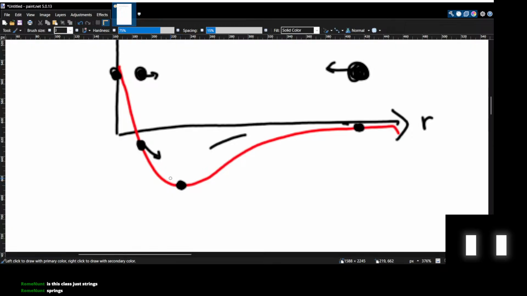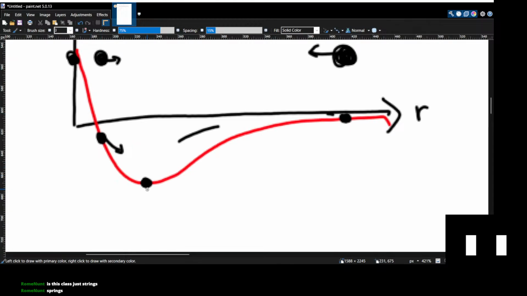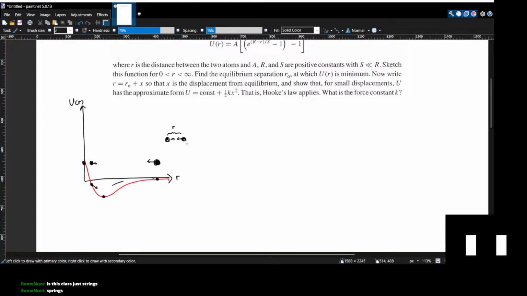At this exact point is the point of equilibrium. The point of equilibrium is where there's no net force acting on the particle. And that's what we want to find. This is the equilibrium separation R naught, at which U of R is minimum. There it is. It says it right there.